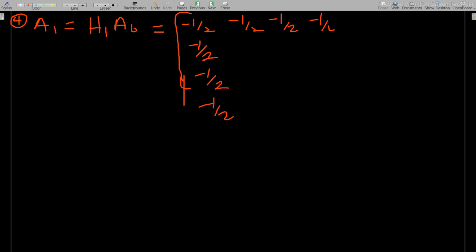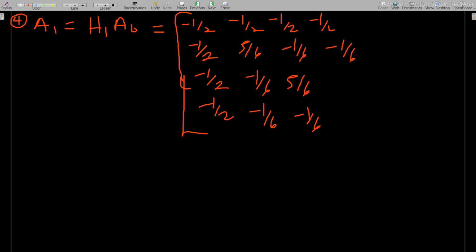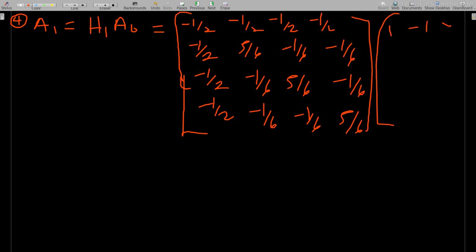Then here too was 5/6, negative 1/6, negative 1/6 again. Here we had negative 1/6, 5/6, negative 1/6 again. Here negative 1/6, negative 1/6, 5/6. Times our A naught, which is 1 negative 1 4, 4 1 1 1, I think that is what we had, then 4 negative 2 4 2 negative 1 0.